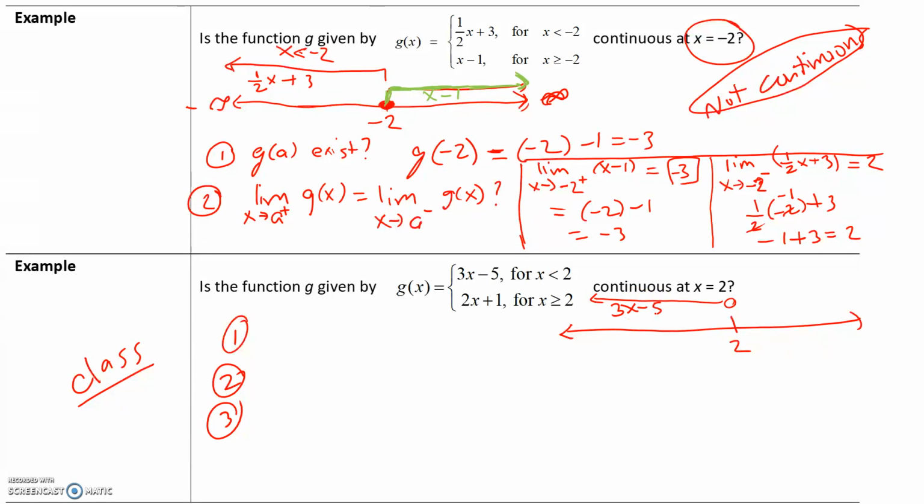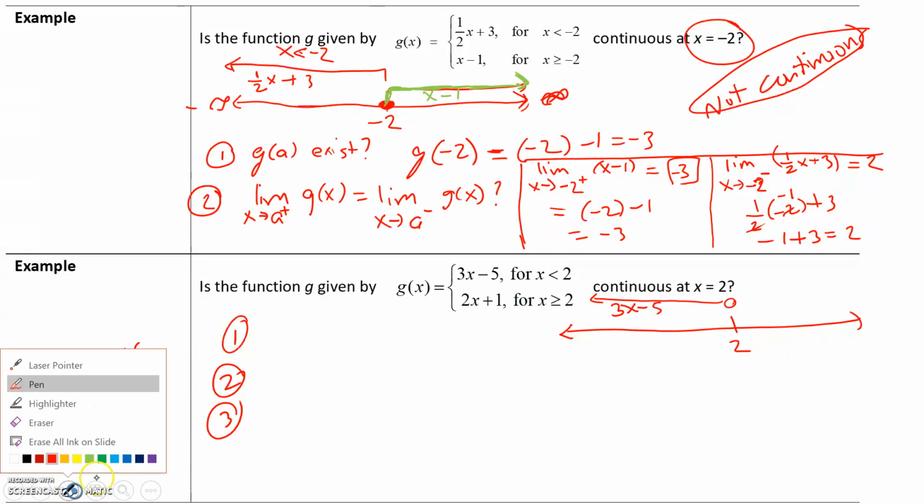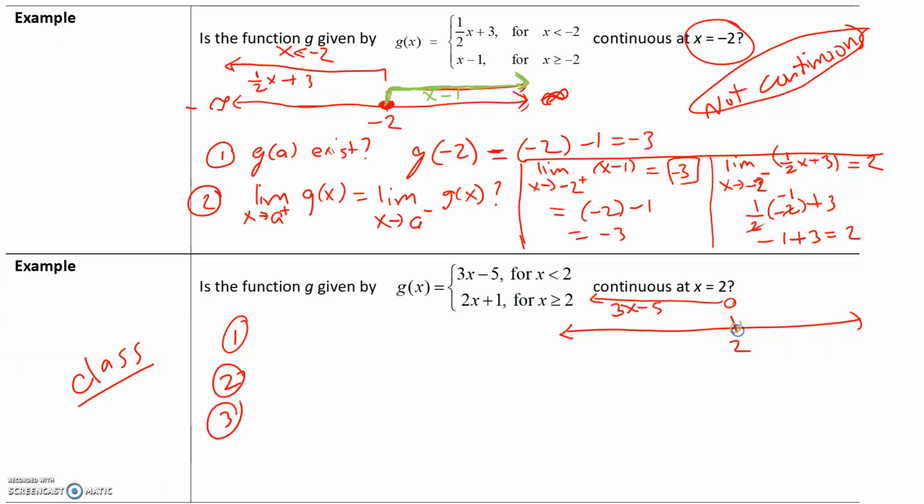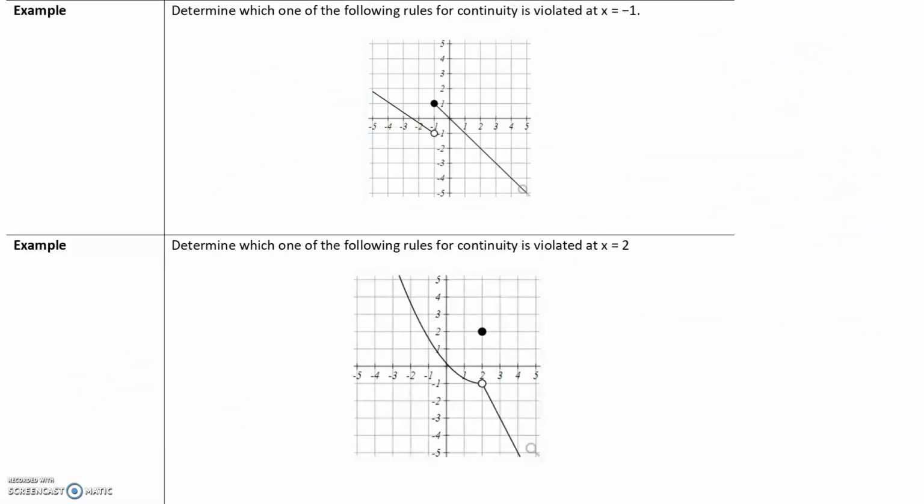If x is greater than or equal to 2, then we're going to use the function 2x plus 1. So coming from the right, we're using 2x plus 1. Coming from the left, we're using 3x minus 5. So check all of these for continuity, and we will go over this in class.